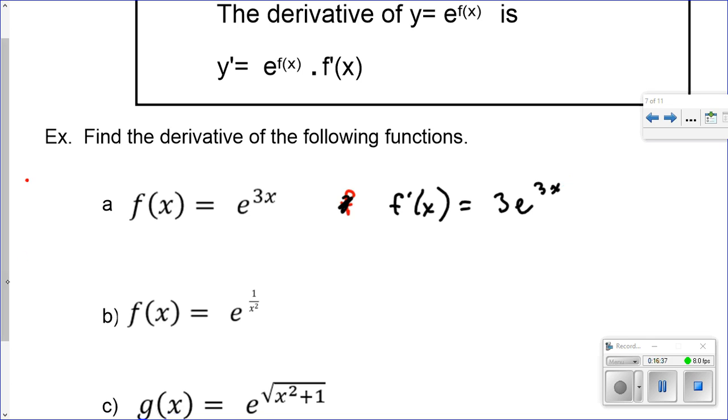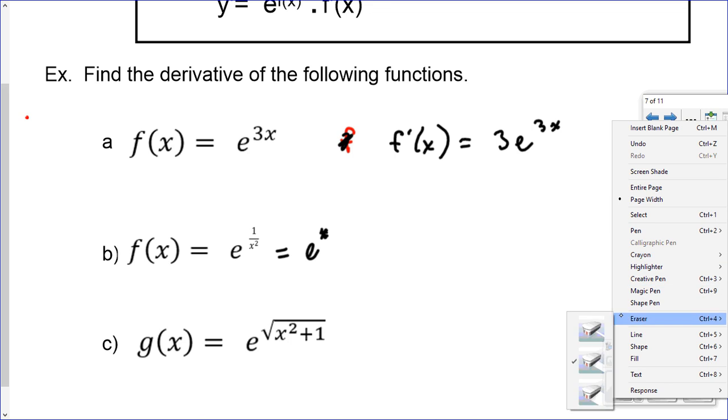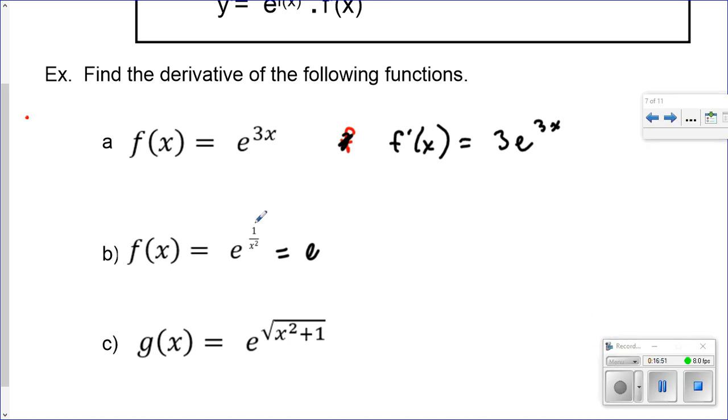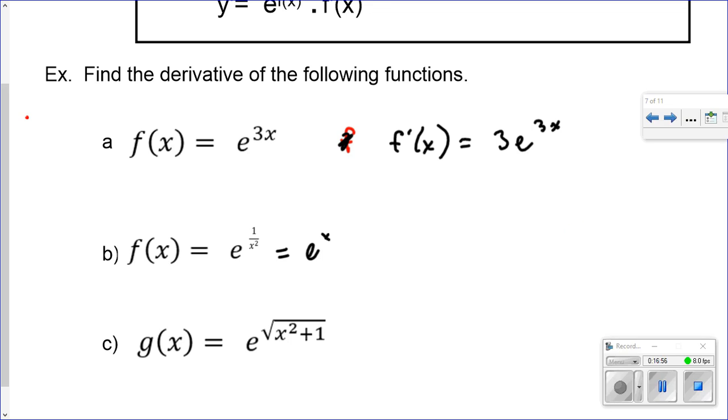Oh, this is a different one. So let's focus on my function here. This looks like e to the 1 over x squared. That's another way to write x to the negative 2. So I have then f prime is equal to e to the 1 over x squared, and then multiplied by negative 2x to the negative 3.